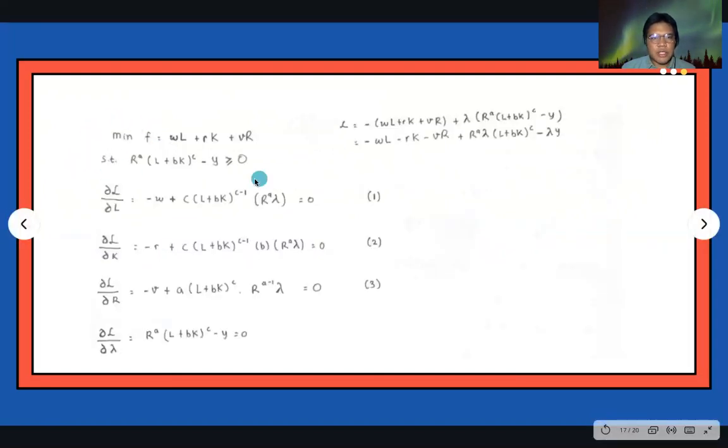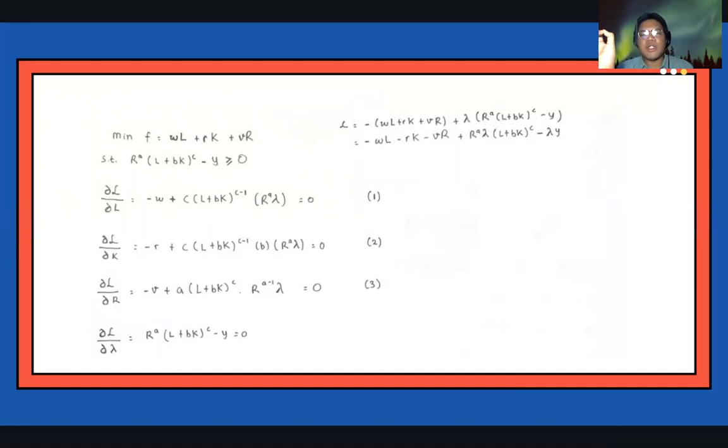So we know the function here, and what we want to do is make it into a Lagrange function. Basically, it is almost similar to the Lagrange function of a constraint function.